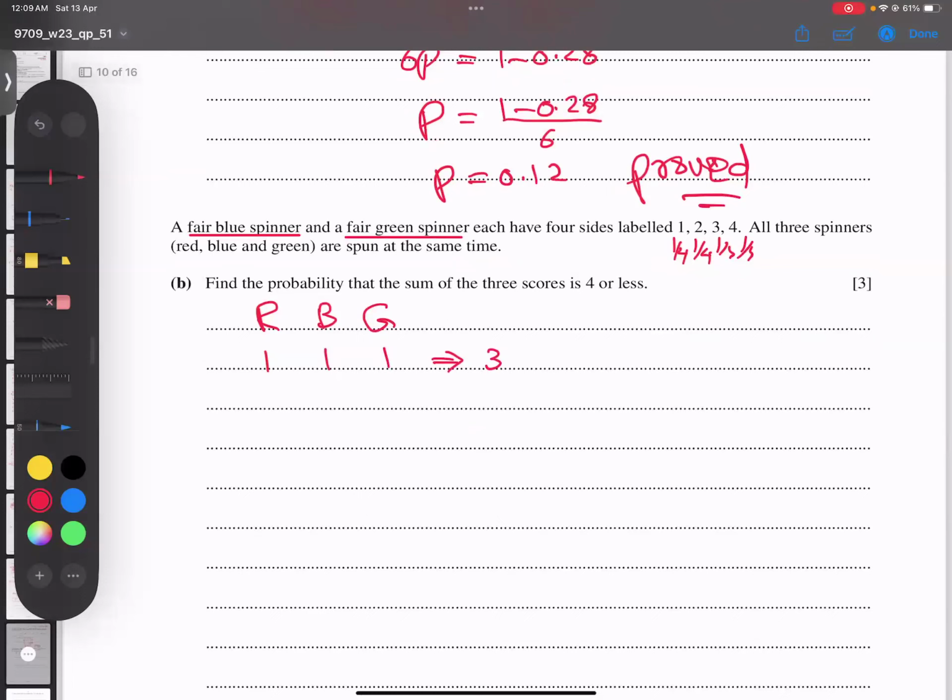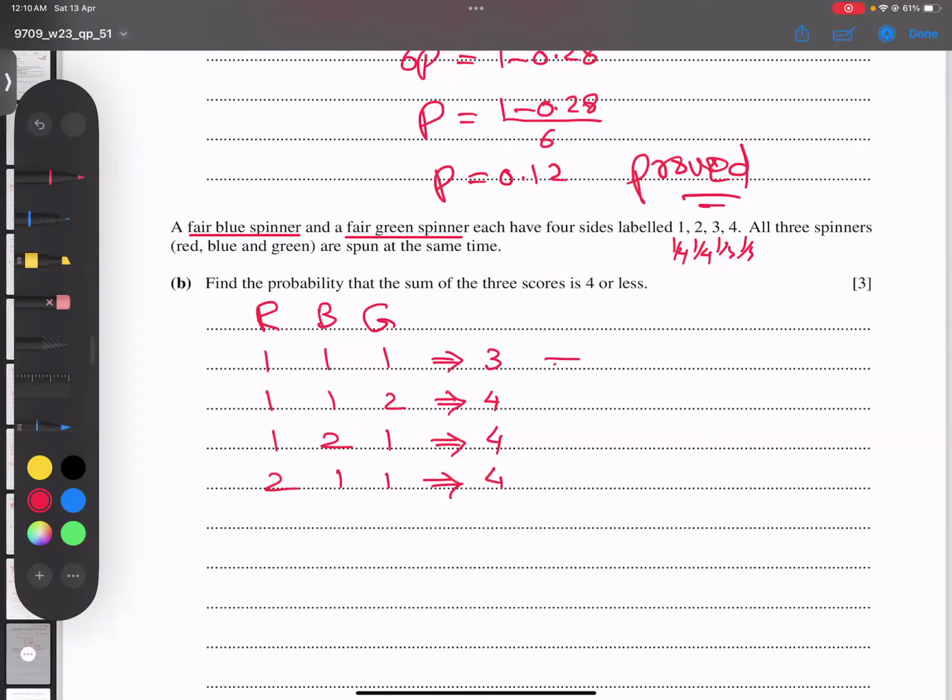So 3 is the smallest score. Okay, and 1, 1, 2 will give us what, students? A sum of 4. If 2 comes in the middle, 1 comes here, again the sum becomes 4. If 2 comes here and 1 comes here, we get again a sum of 4. And see, this answer is coming 4 and less. So that is why we have these 4 options.